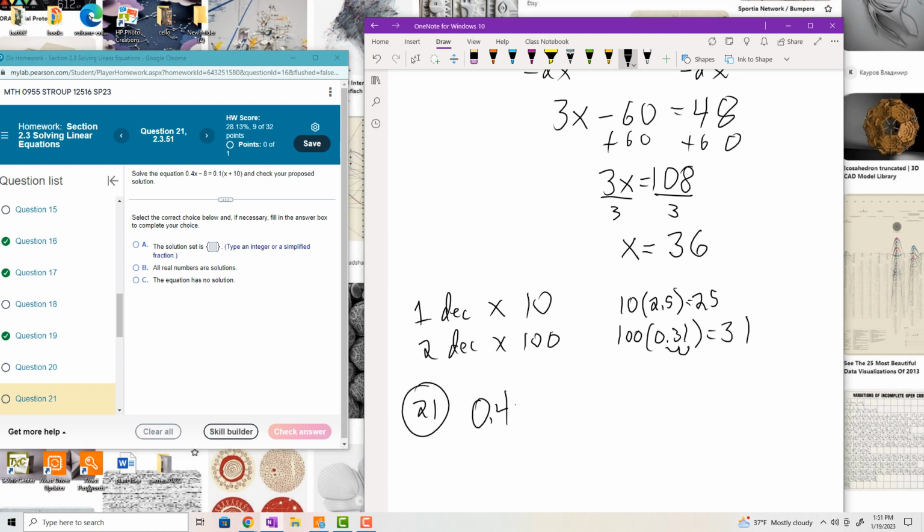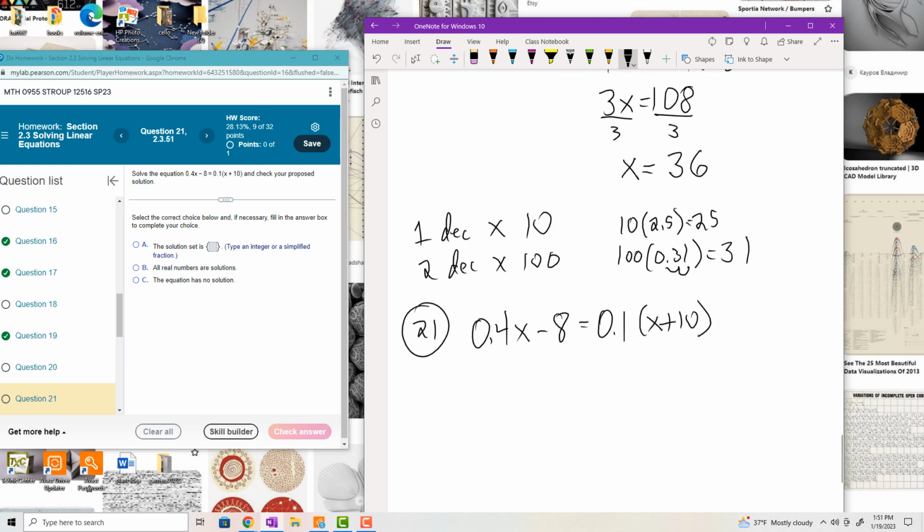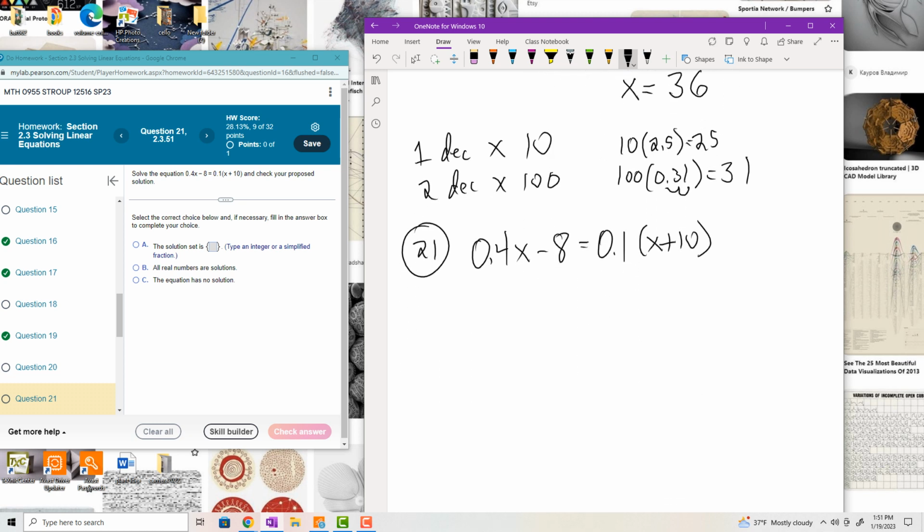So I have 0.4x minus 8 equals 0.1 times x plus 10. So in this case, you can distribute first, or you can multiply by 10 first. I'm just going to multiply by 10 on both sides.